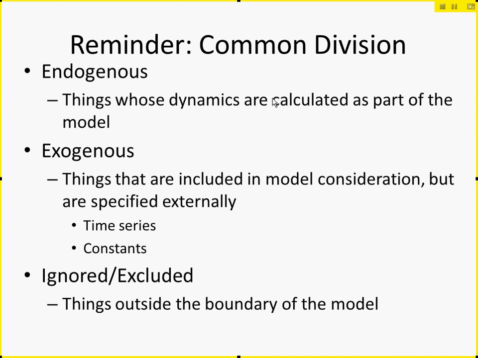And I argued that the phenomena associated with the model can be divided into 3 categories: endogenous, exogenous, and ignored. Endogenous being the things that the model produces, generates. You can use different terms for it, meaning that it's actually calculated by the model and it's changing. It's driven by model dynamics.